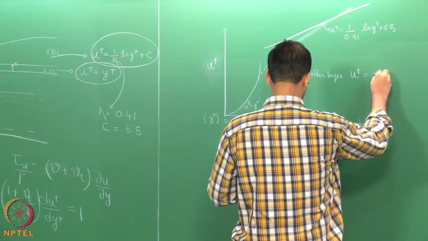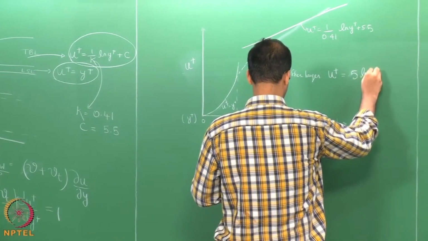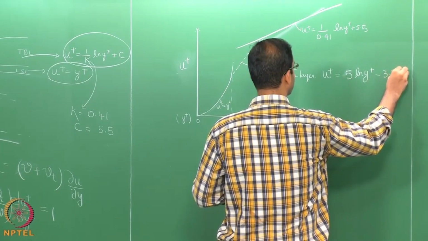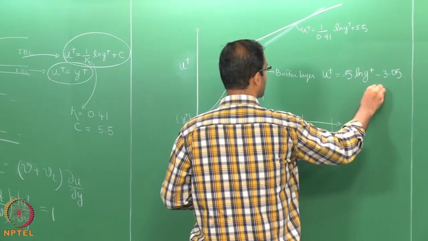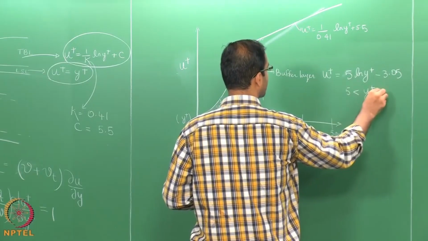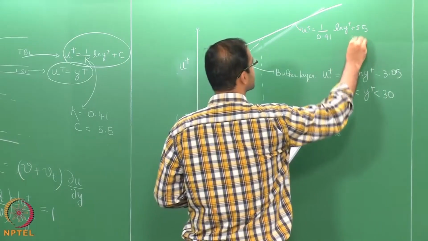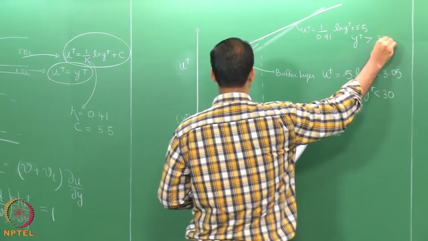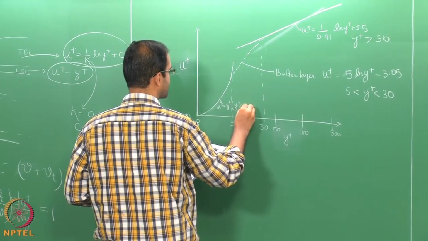So, this turns out to be minus 5 times ln of y plus minus 3.05, and this is valid for y plus greater than 5 and less than 30. Okay. So, the pure log law is valid for y plus greater than 30, and the linear law is valid for y plus less than 5.